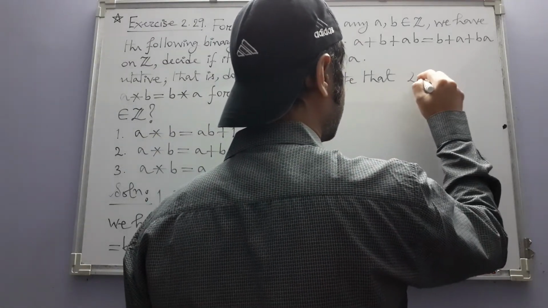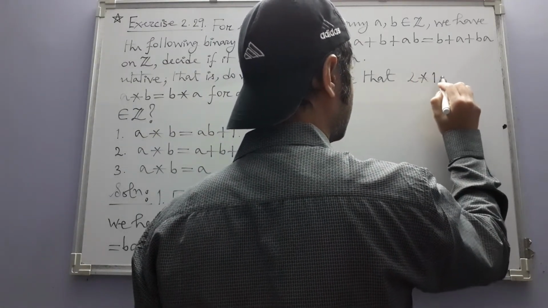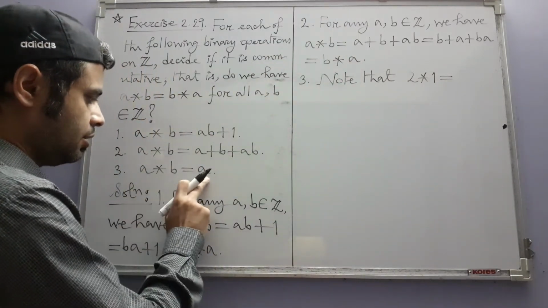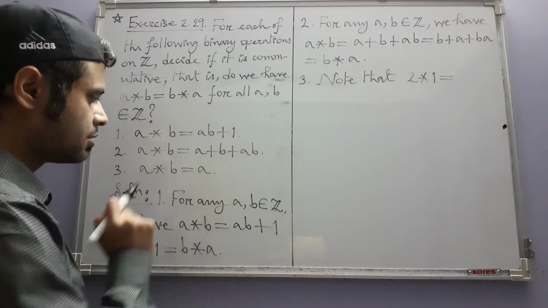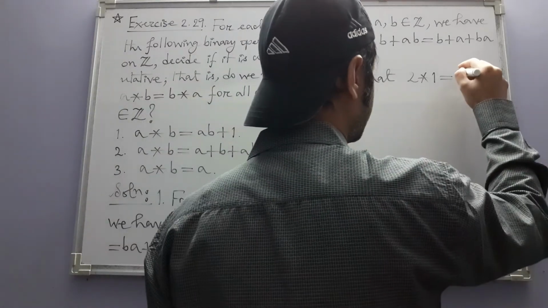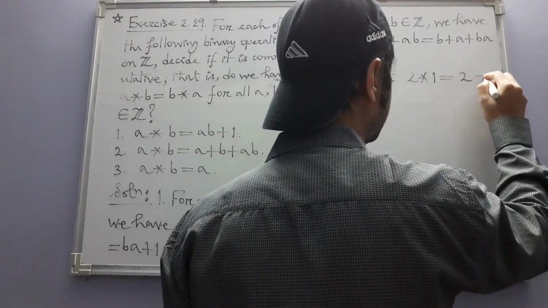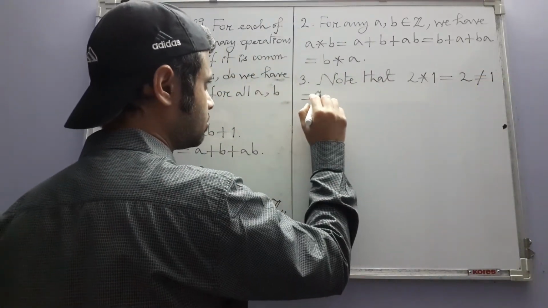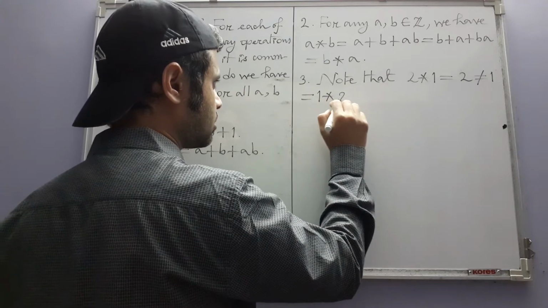Note that 2 star 1, in this one the definition is that a star b is the first element, so 2 star 1 is 2, that is not equal to 1 star 2, which is 1.